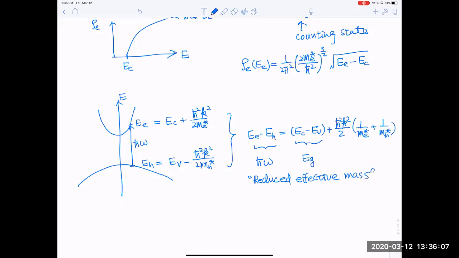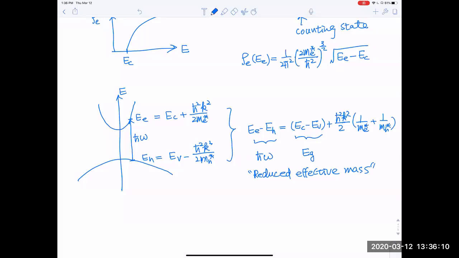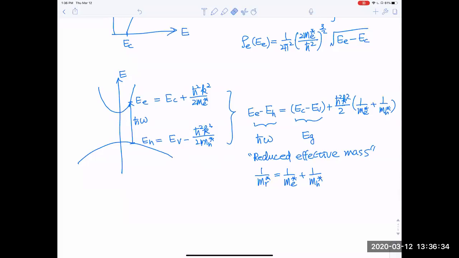Okay, this mass is neither of the electron nor of the hole, but the two of them combined together through this conservation of momentum. So 1 over m_r star is equal to 1 over m_e star plus 1 over m_h star. So this is two particles kind of tied together, and you are treating both particles as a combined system.